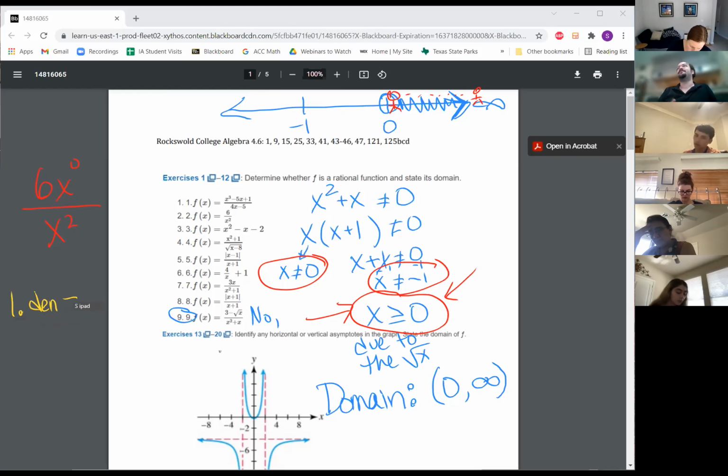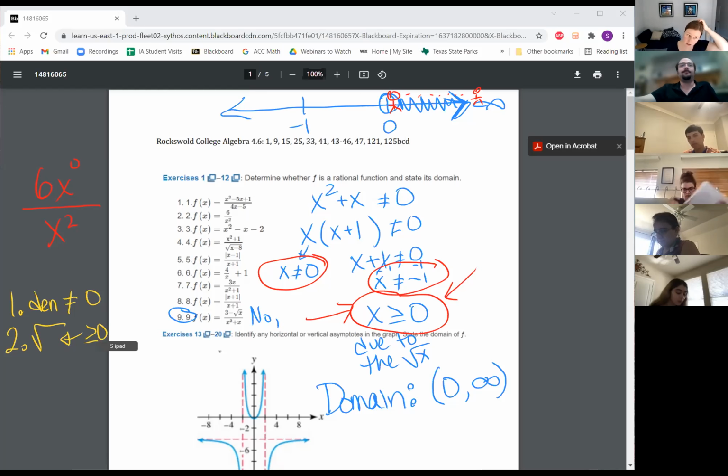If you remember those 2 things, you can get at the domain. The denominator can't be 0, and whatever's inside the square root has to be 0 or positive.